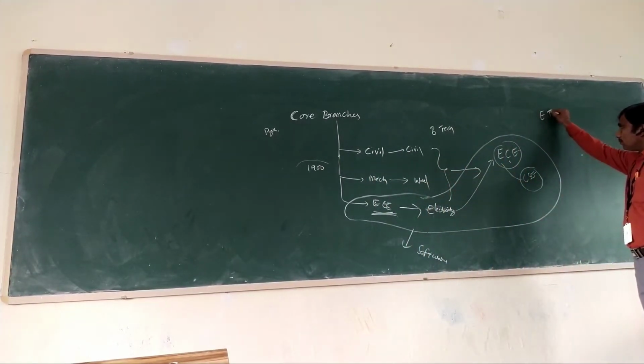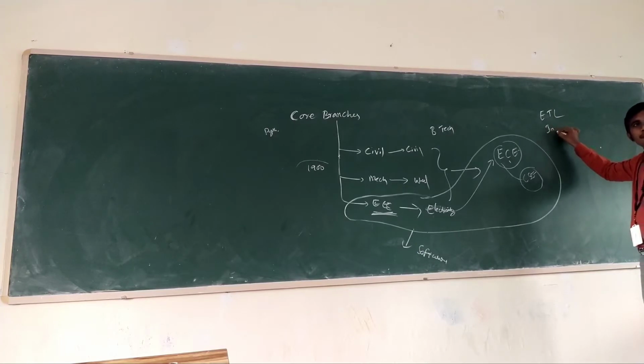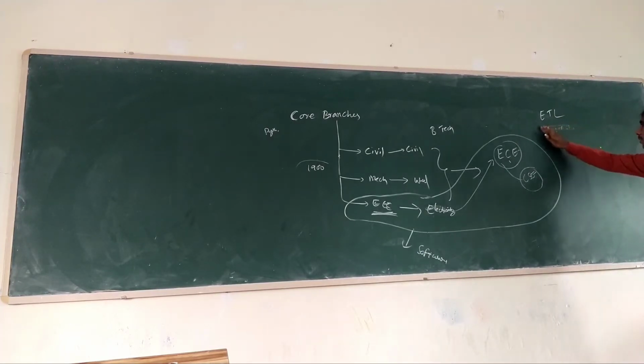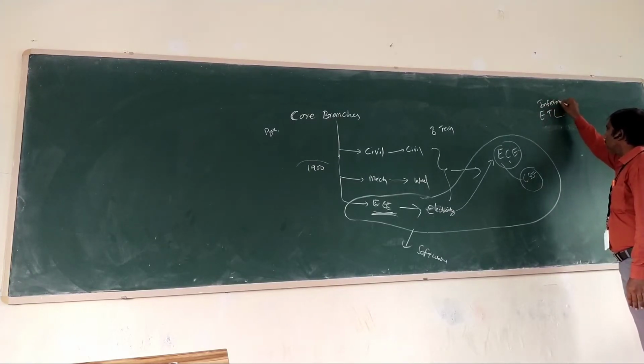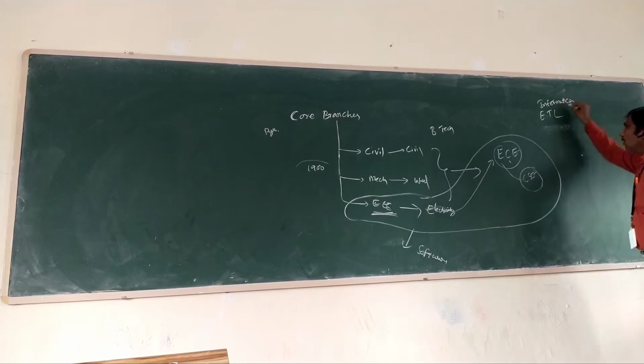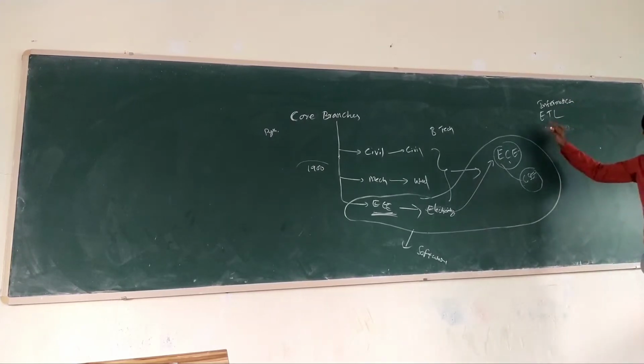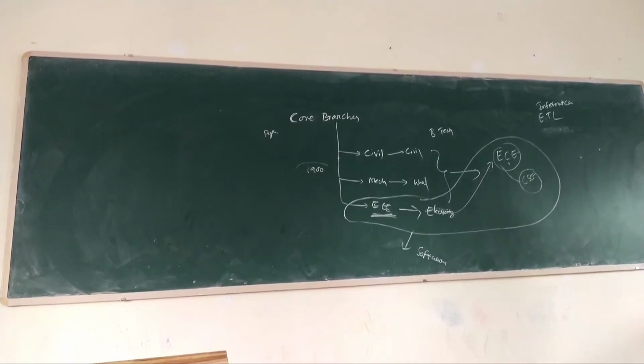If you go for ETL developer or Informatica developer, some of your brothers may be working as Informatica developers. Extract, transform, load, ETL developer. This subject will not be there in BTech.